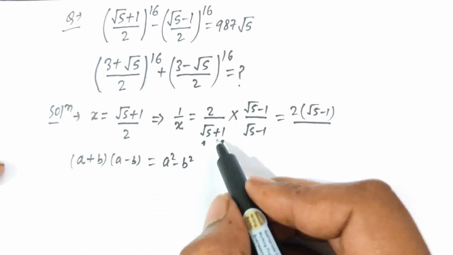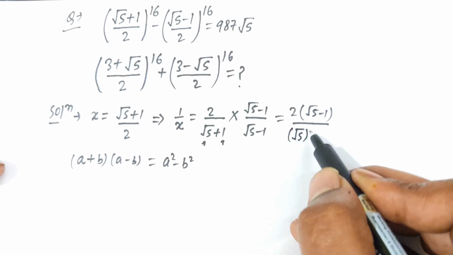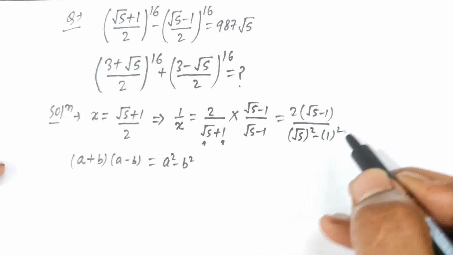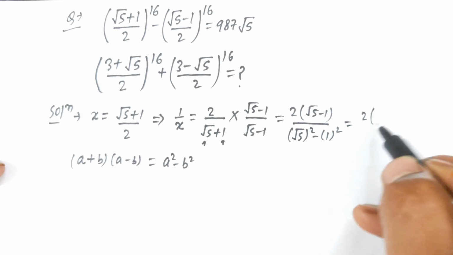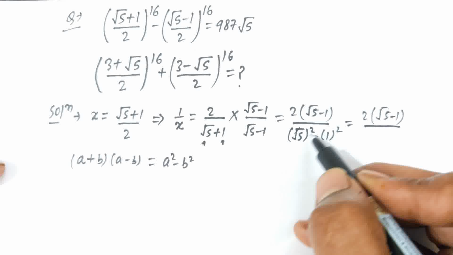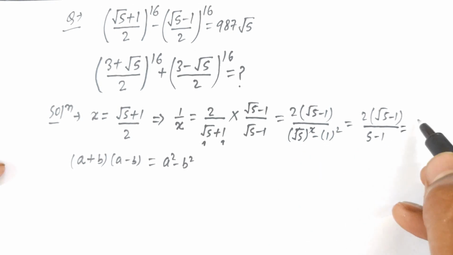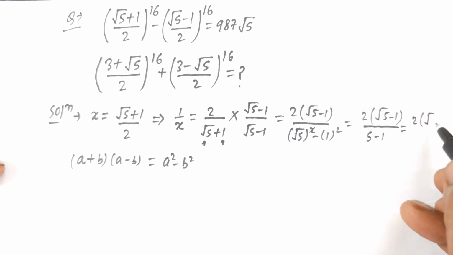If you apply this identity in denominator part, then you will get (√5)² − 1², and this is equals to 2 times (√5 − 1) divided by, this square root is cancelled out by this square, so here 5 − 1.